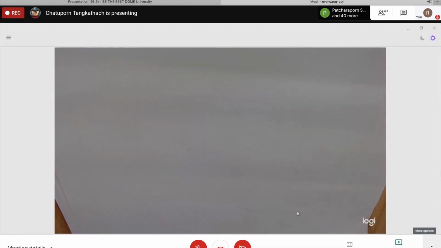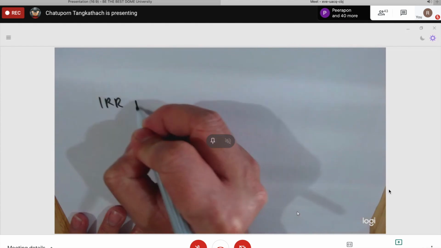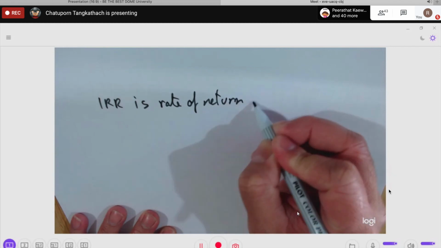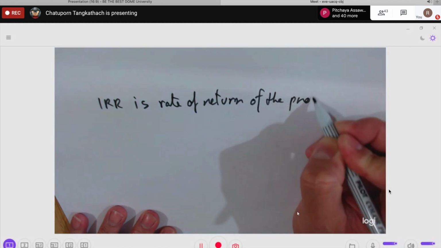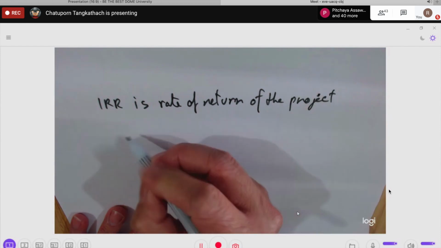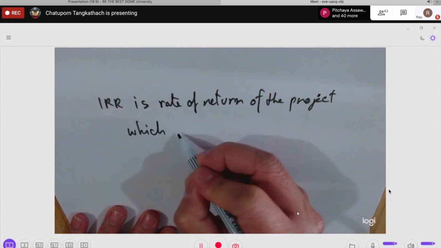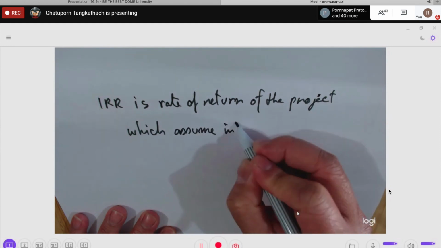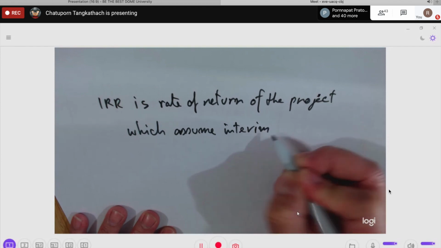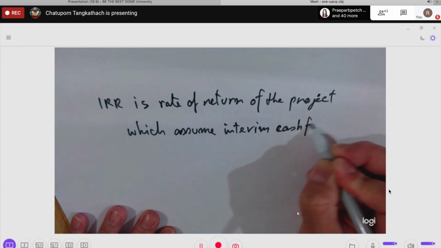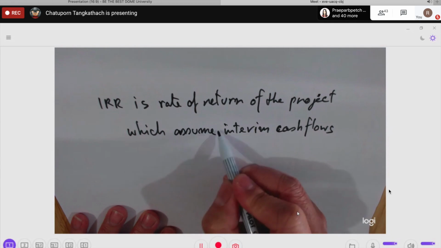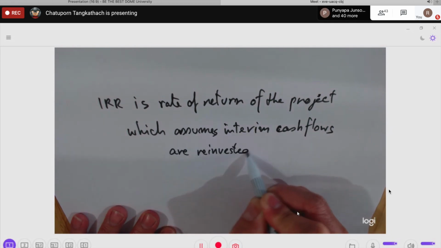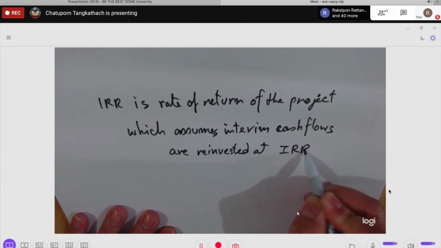So what is the difference between MIRR and IRR? I can say it like this: IRR is the rate of return of the project which assumes that interim cash flows are reinvested at IRR percent.